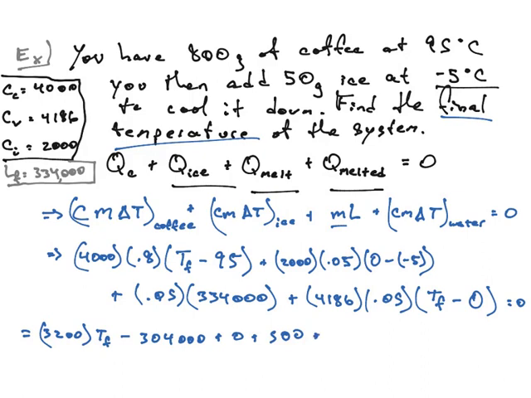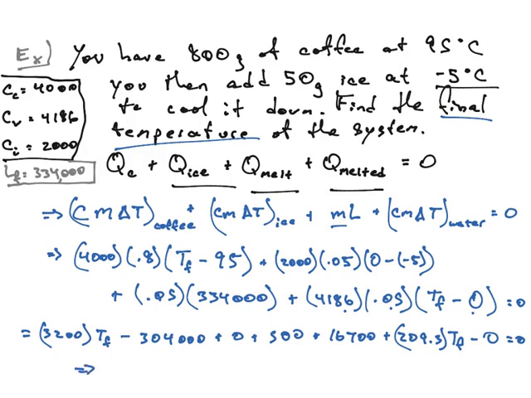Plus 0.05 times 334,000, that's 16,700. Plus 4186 times 0.05 times TF is 209.3 TF minus 4186 times 0.05 times 0 is 0. And we set all of that equal to 0. Now we see we just have a big long equation with a whole bunch of numbers and terms with TF. So we want to keep TF on one side, put all the numbers on the other side.